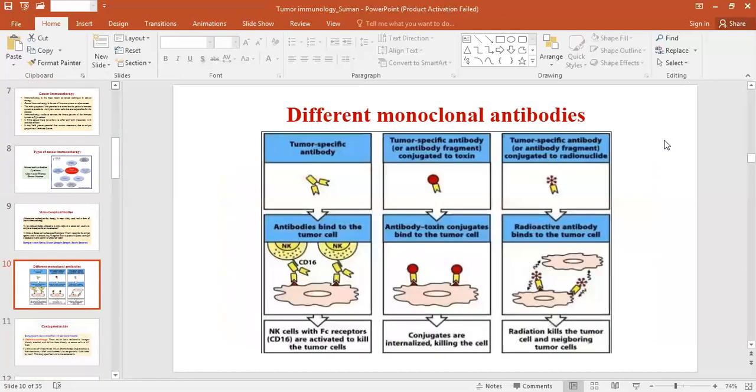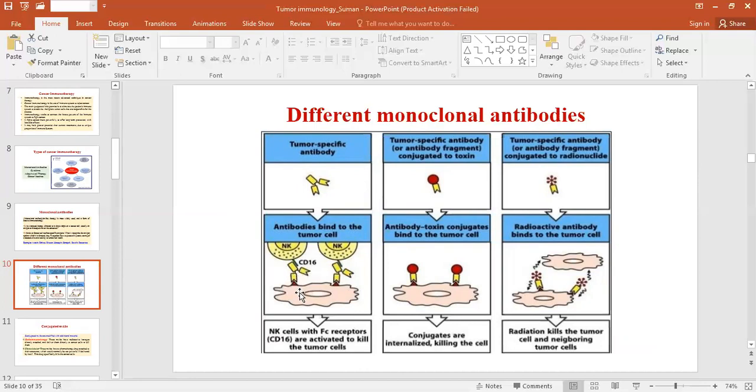There are different approaches. So we can have antibodies that are tumor specific. They will adhere to the tumor cell with a particular receptor. Here you can see the CD16 receptor.